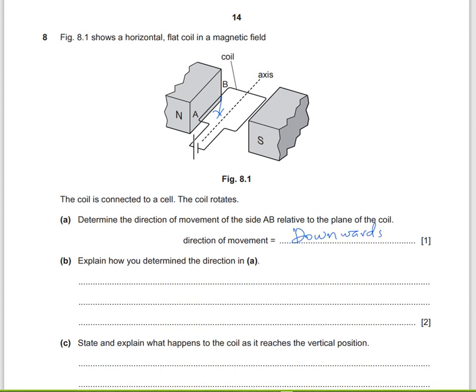It means if it goes downwards, this side goes up. So the direction can be anti-clockwise and clockwise.